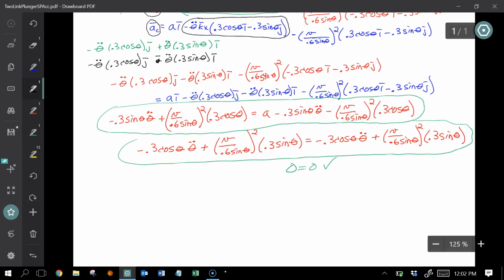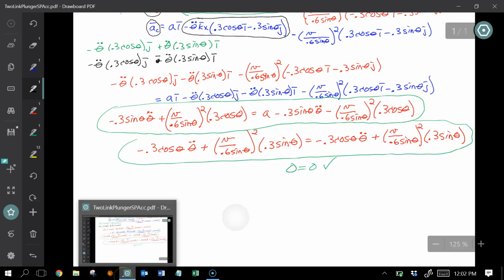And so the top equation, and I'm solving for theta double dot, so I'm going to gather up all the terms.